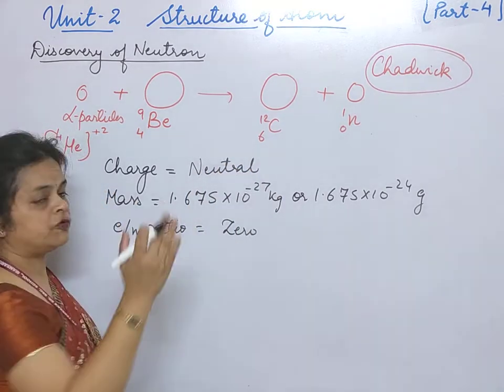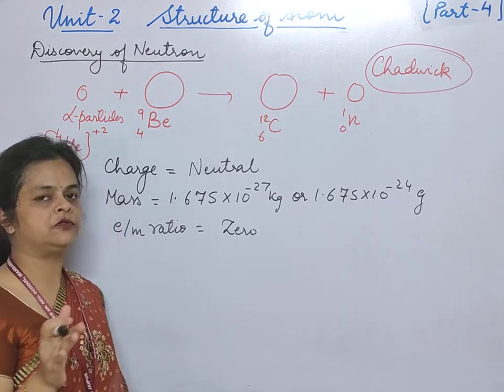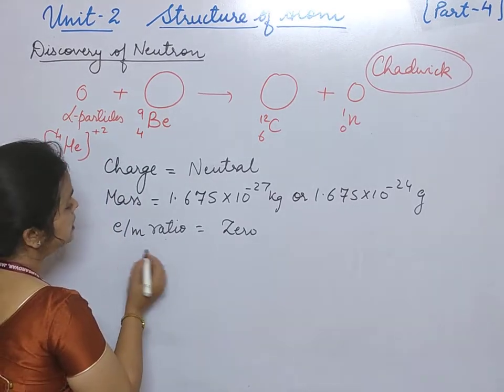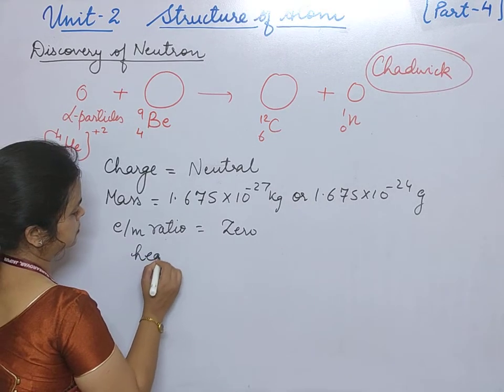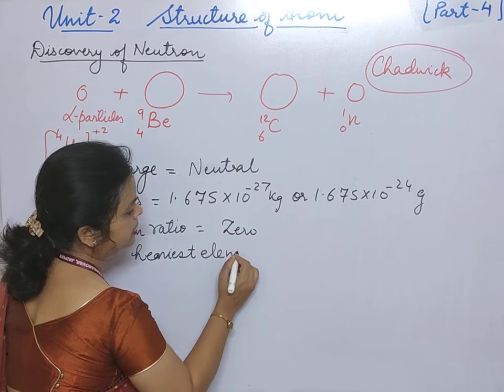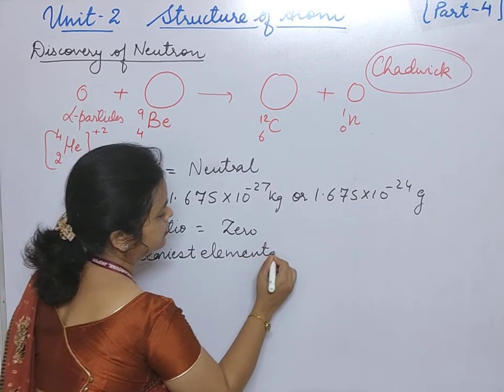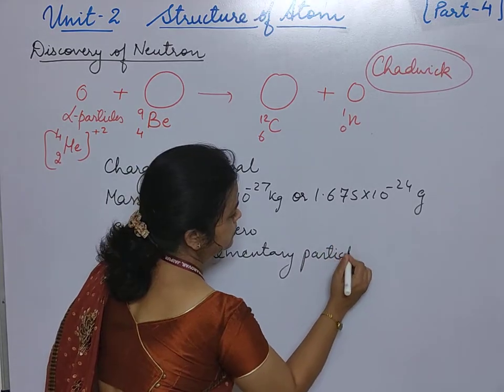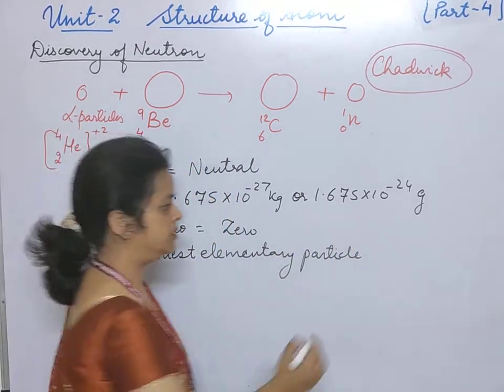Okay, so out of all the 3 fundamental particles which were discovered, electron, proton and neutron, neutrons were the heaviest elementary particle in an atom.